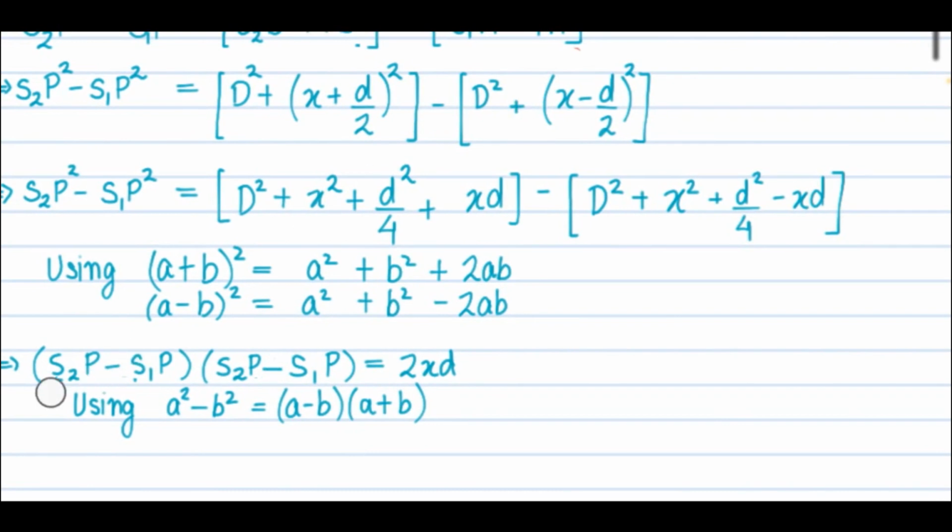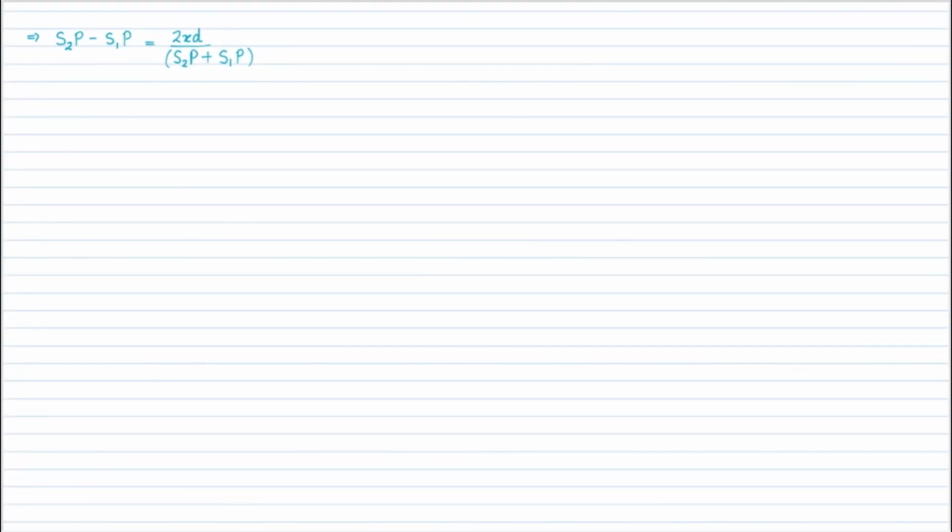Using this identity, we can send this term to the denominator, that is, to the right hand side. So I can write S2P minus S1P as twice of xd divided by S2P plus S1P.